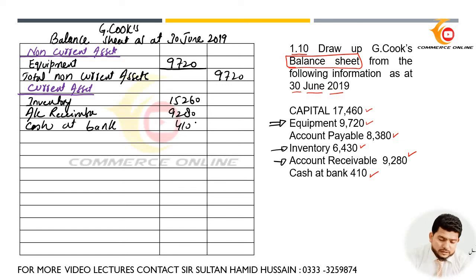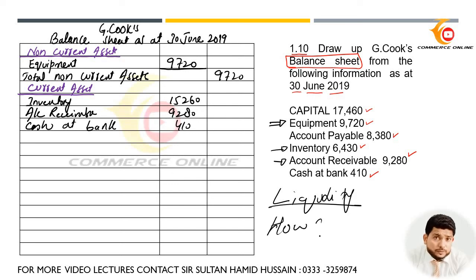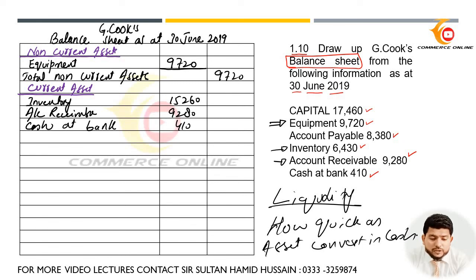There might be a question in your mind why I wrote cash at bank last. It is because of liquidity: the most liquid asset will come last. Inventory has less liquidity than account receivable. And what is liquidity? Liquidity means how quickly an asset converts into cash.